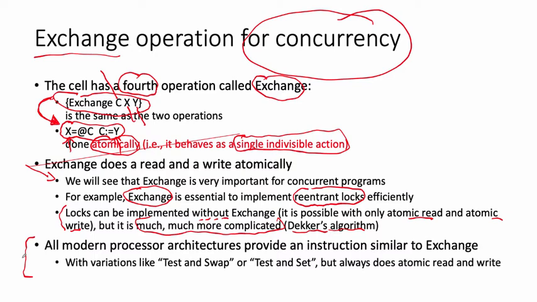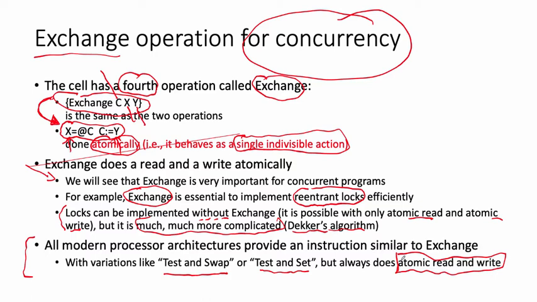They usually have funny names like test and set, or compare and swap, or other variations, but it always does two things: atomic read and write. So the exchange operation is extremely important.